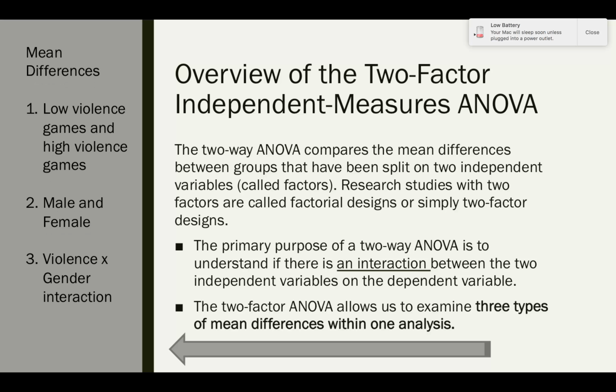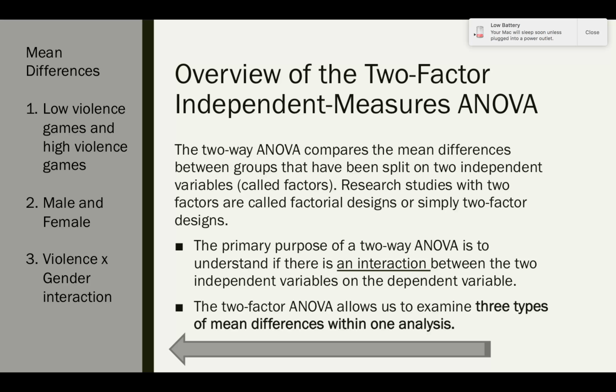Okay, so we can ask the questions in this study. I think it's important to look at the actual questions and how they're spelled out. So we're looking at the following mean differences. One, we're looking at low violence games versus high violence games. There's two variables. Two, we're looking at males and females. There's two variables. And three, we're looking at the violence level times gender interaction.